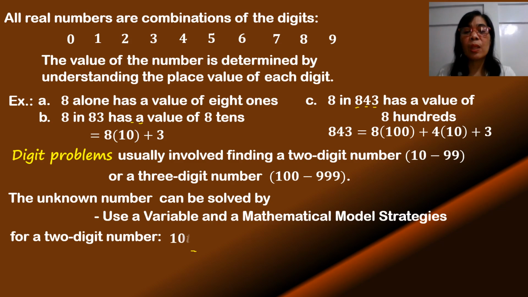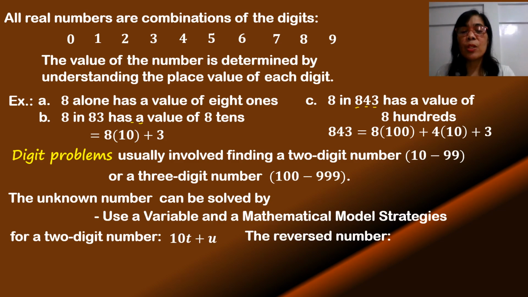So my two-digit number is represented by 10t plus u. If the problem involves the reverse of this number, the reverse of 10t plus u will be represented by 10u plus t. So take note, when we talk about reverse, say 83, its reverse is 38. So you just reverse the position of the digits.